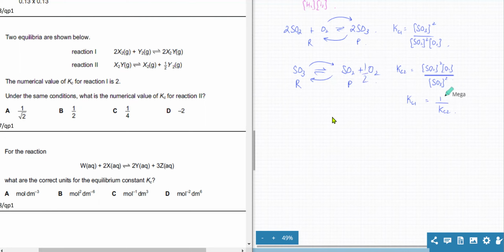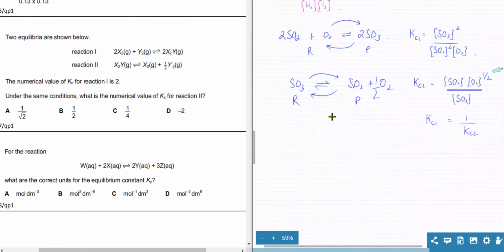I could have divided the whole equation by 2, and I would get balancing in terms of half. And that would make the expression even more different. Like SO2 concentration would then become power 1, SO3 concentration would become power 1, and O2 concentration would become power half. And that indicates that it's being underrooted. So the same thing is happening over here.